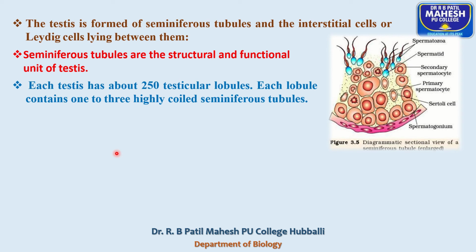Each testicular lobule contains 1 to 3 highly coiled structures, and those coiled structures are called seminiferous tubules.